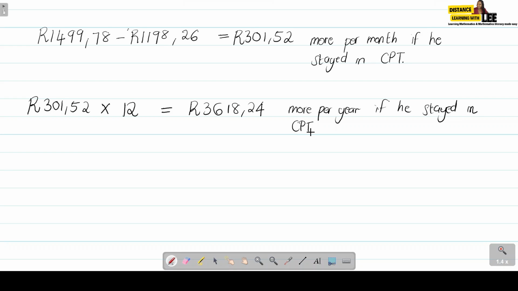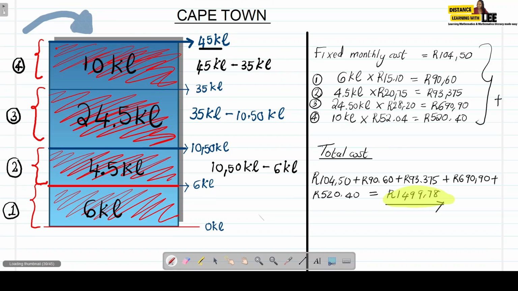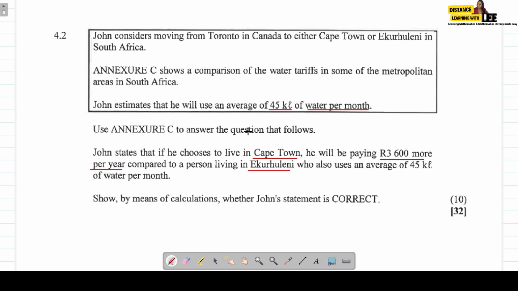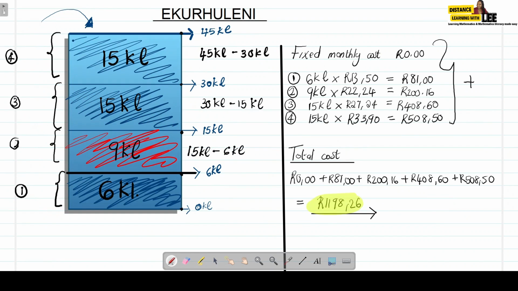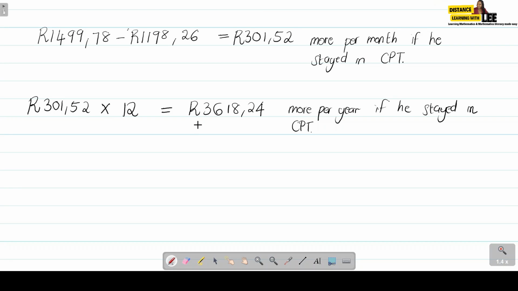So now, is his statement correct? Okay, from his statement, guys, remember, he said that if he chooses to live in Cape Town, he will be paying 3,600 more, right? However, from what we've calculated, we can see that he actually is going to be paying 3,618 rand and 24 cents more, right?